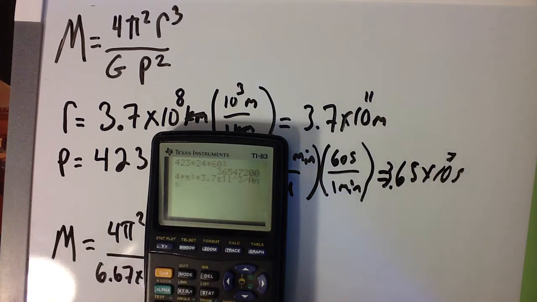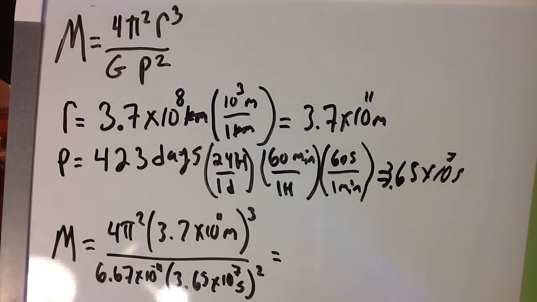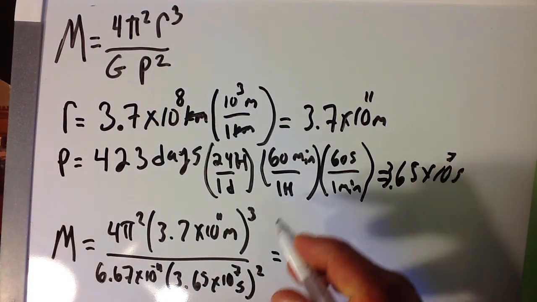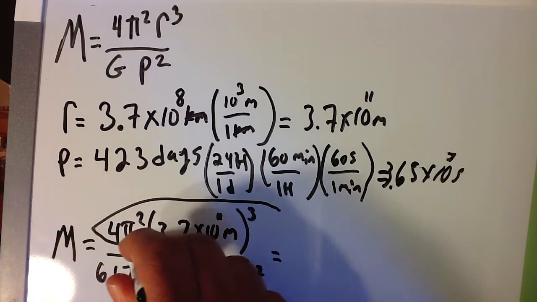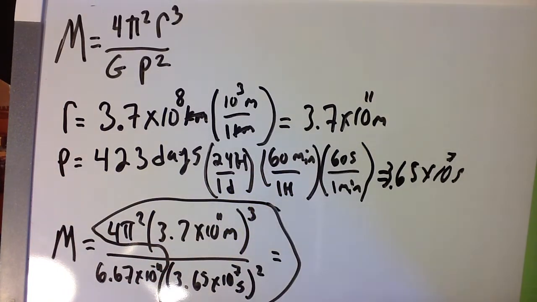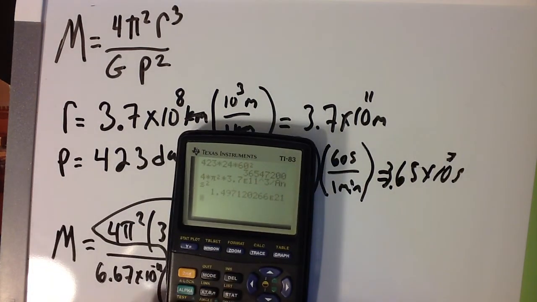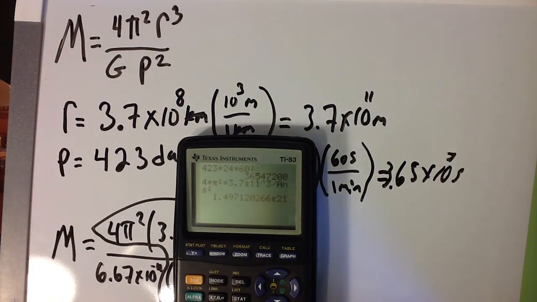So divide by the answer squared equals, that's not the answer. What I've just done is this portion, so I've just done all of this. So the thing that's in my calculator still has to be divided by big G. So that has to be divided by 6.67 times 10 to the minus 11th.